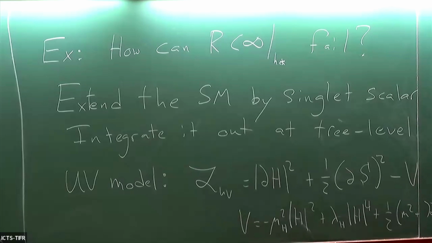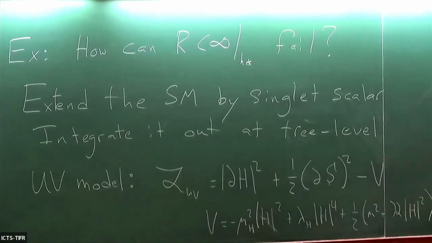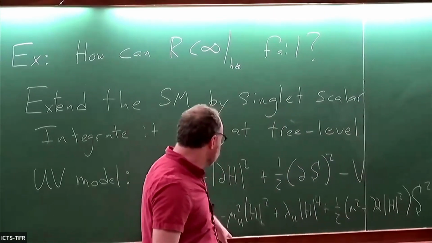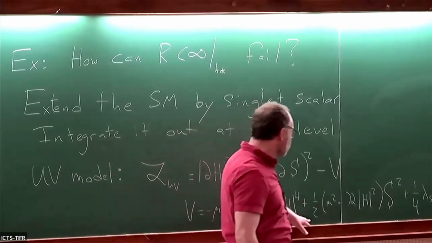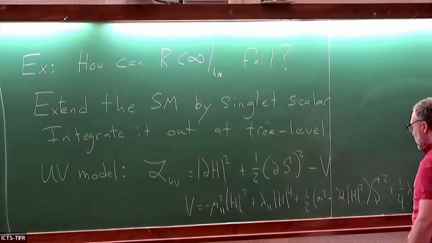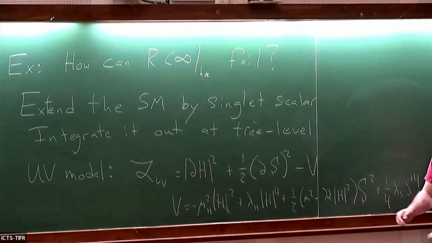So just a renormalizable UV model where the Higgs is going to get a VEV, with the Higgs mass parameter negative, and I have this interaction with the singlet. I'm imposing here a Z2 symmetry on the singlet.